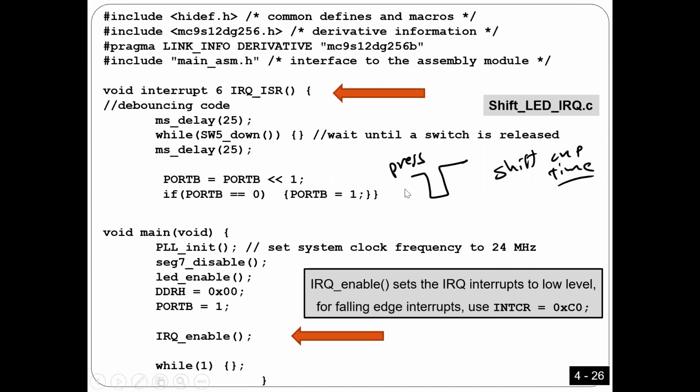This signal, I'm going to generate it in port H, for example on pin 0 or PH0 or whatever, and you have an external wire to transfer it to IRQ. Okay, and then I'm going to trigger one interrupt. So every time I press one time, I'm going to trigger one interrupt, and this interrupt is going to shift one time. That's what you are expecting, right? But this is not going to happen.